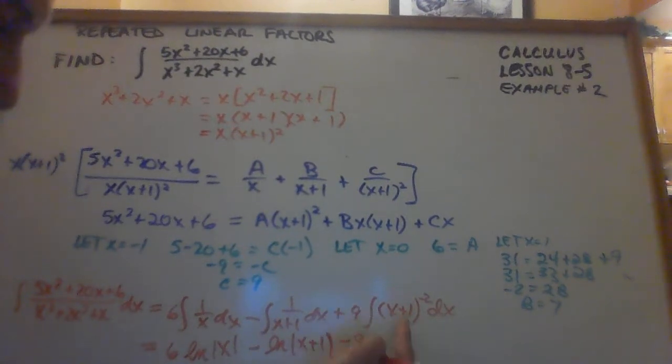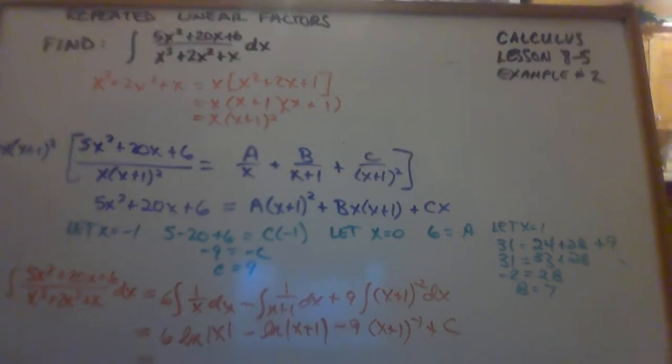Why does it become minus? Because when I integrate this, I'm going to get x plus 1 to the negative 1, but I need a negative out in front to cancel that when I take the derivative to make that positive. So this becomes negative here, plus c. And now I can clean this up a little bit here.